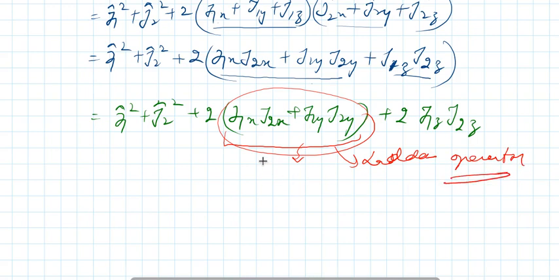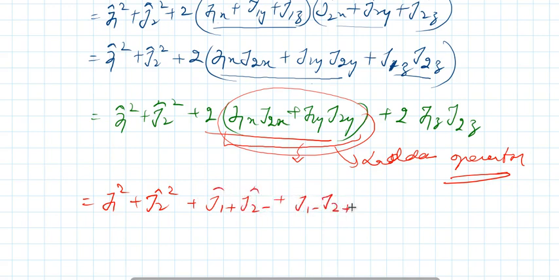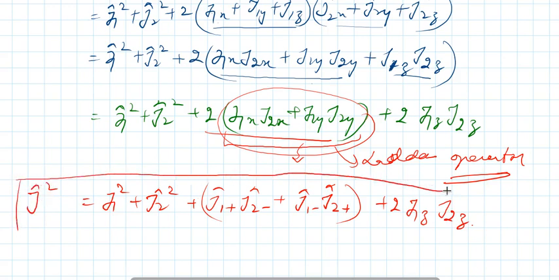So I am directly writing this part as equal to j1 plus j2 minus plus j1 minus j2 plus, right? So this is the value of j square, and this is a very important formula.